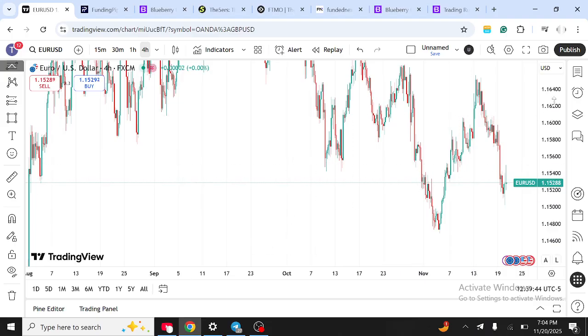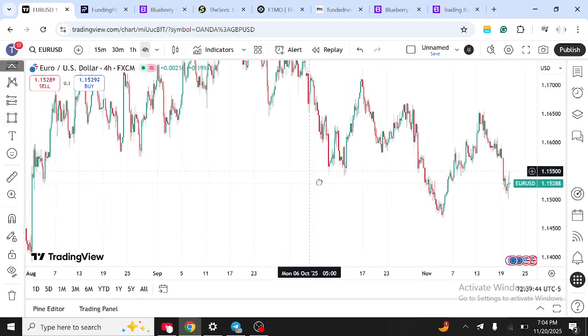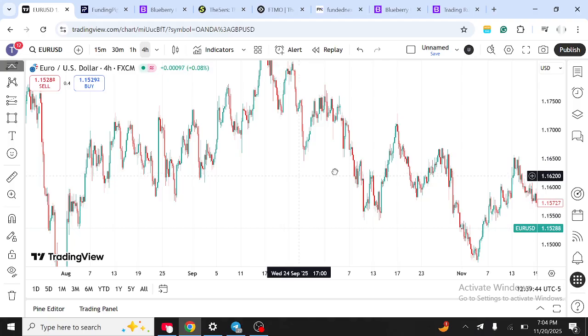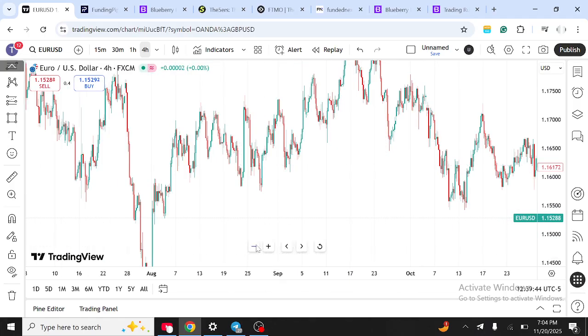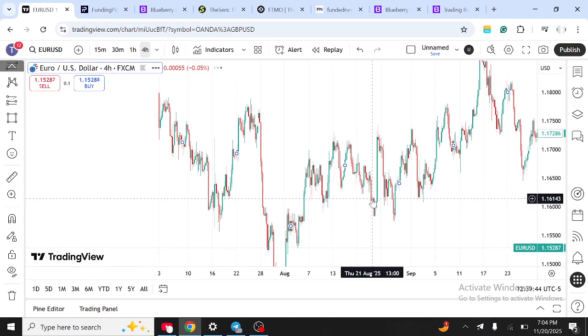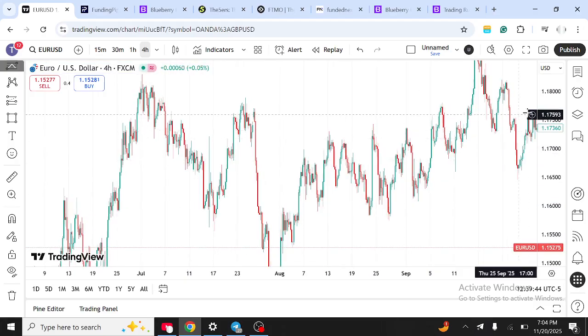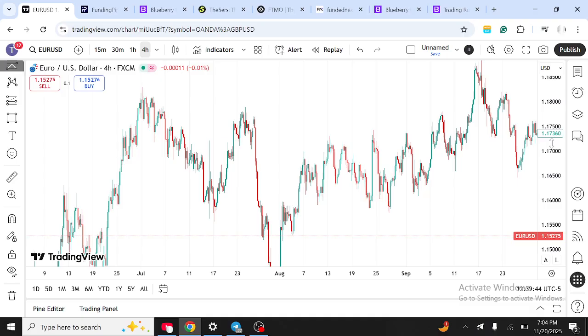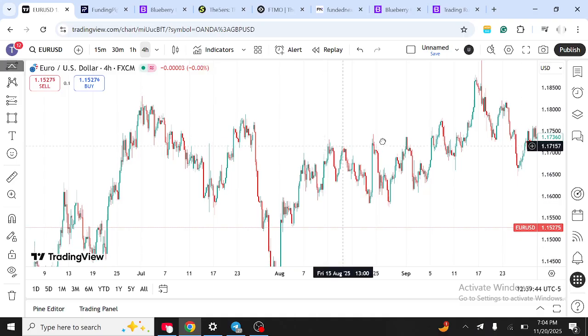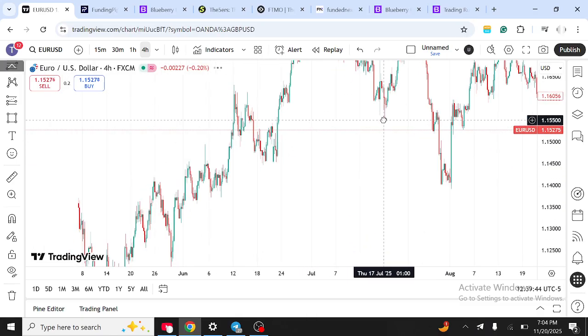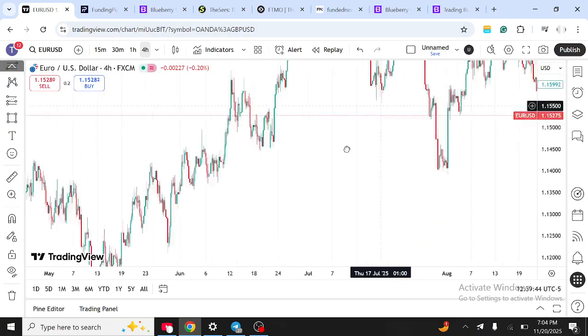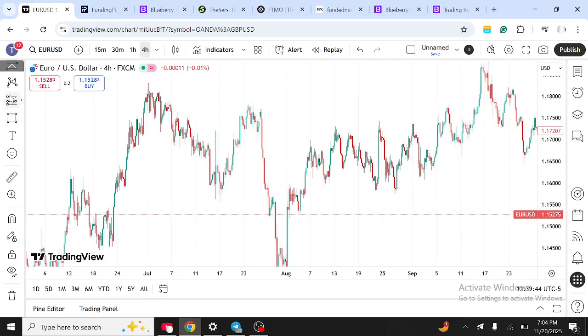So now you can see, let me show you something here. I don't know if you can see the type B liquidity concept here. Look at it.